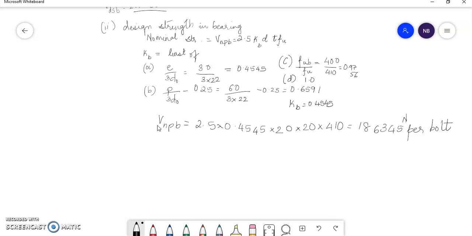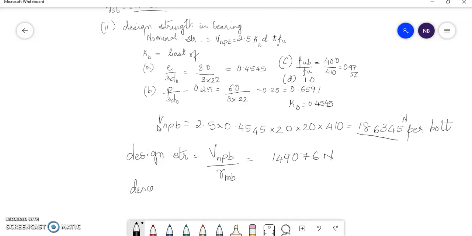This value for V_npb is 186345 Newton per bolt. Now that was a nominal strength. To find the design strength, we have to divide V_npb by the partial safety factor, and when we do that, we get a value of 149076 Newton.